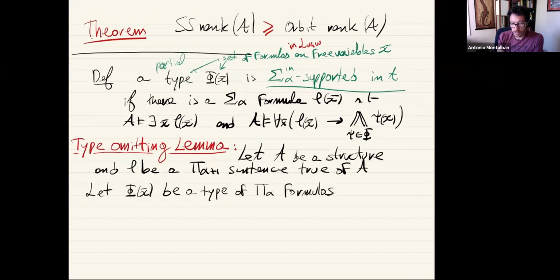So we only assume this is a set of pi alpha formulas, but not more, that is not sigma alpha supported.